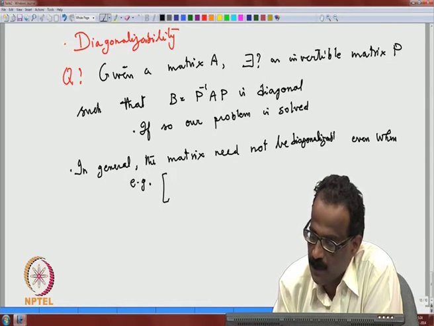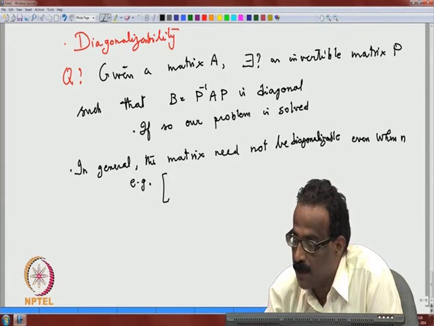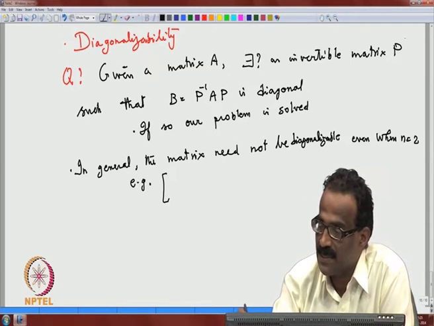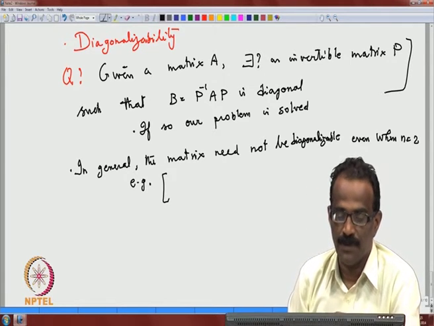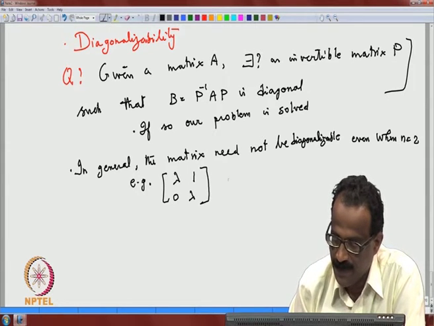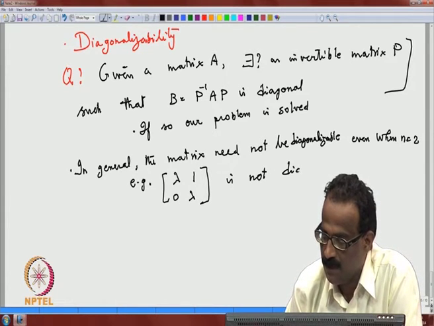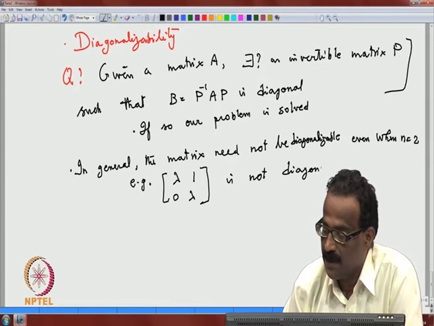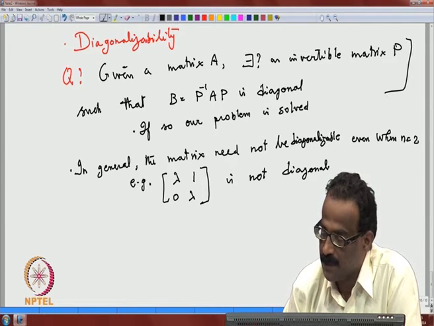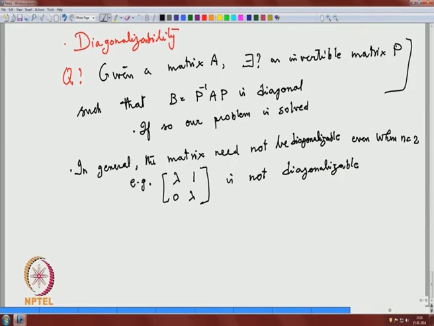When n equal to 2, if such a matrix exists, it is called diagonalizable. Example: you take the matrix with rows (lambda, 1) and (0, lambda); it is not diagonalizable. How do you prove that? Even such a simple looking matrix is not diagonalizable.